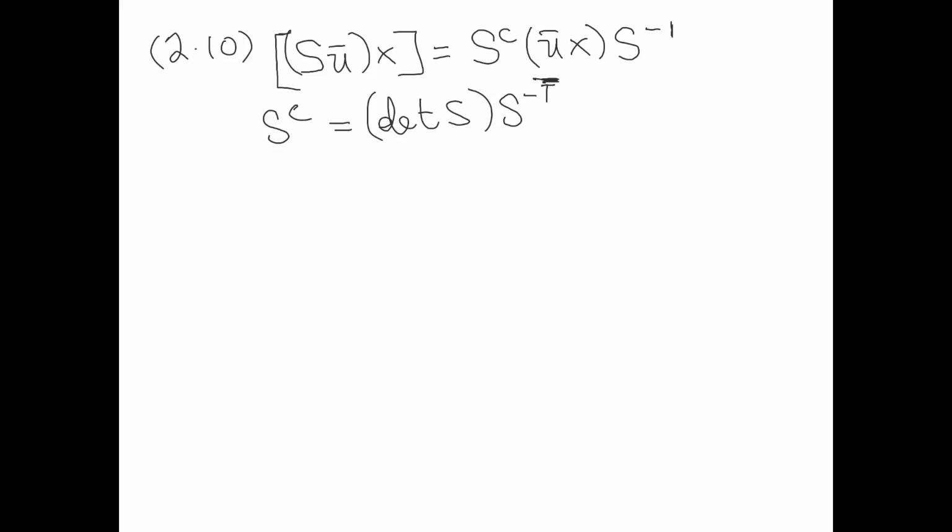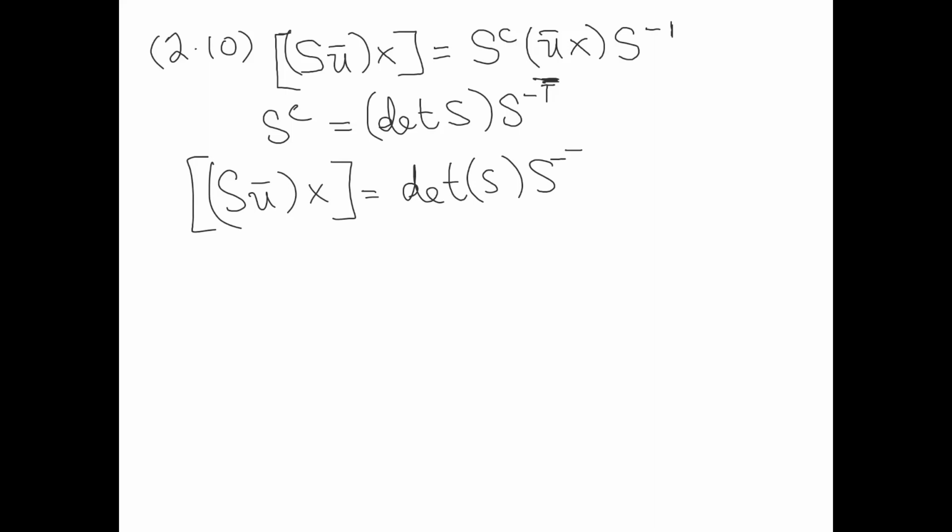What we've been asked to prove is that this vector cross is equal to determinant of S, inverse of S transpose, which we can also rewrite as U cross.